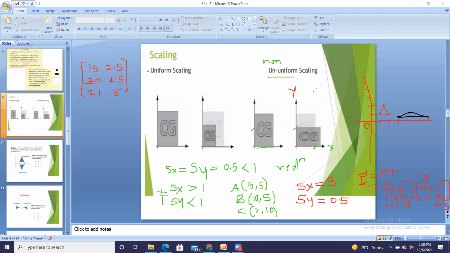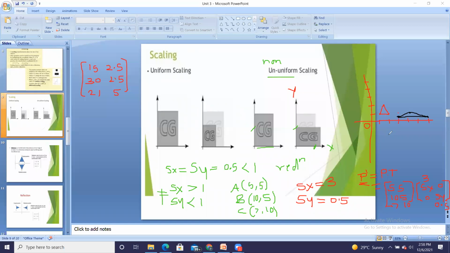Now my question is, if I want to change only the height of the triangle to thrice by keeping the width as it is.